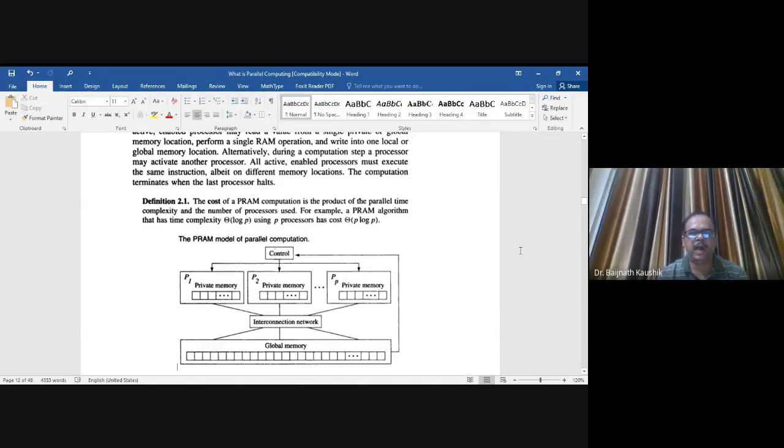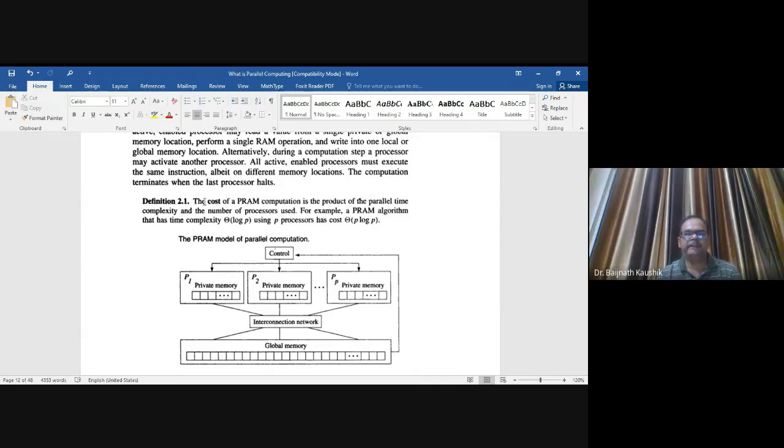And now I would like to give you an important concept of PRAM algorithm. That is, the cost of any PRAM algorithm is computed by finding the product of the number of processors used and the time complexity of the PRAM algorithm.